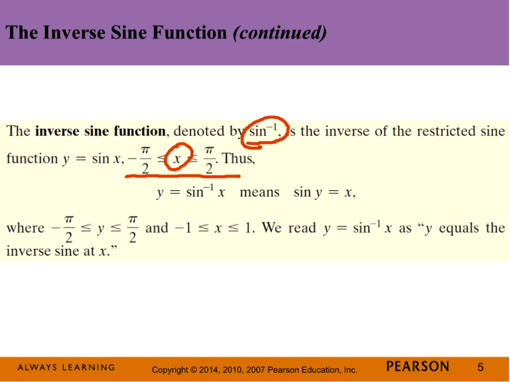So if we have this function y equals the inverse sine of x, that is the same exact thing as saying sine of y equals x, the regular sine with the flip-flop of those coordinates. So we can interchange these, which helps us with evaluating inverse functions.